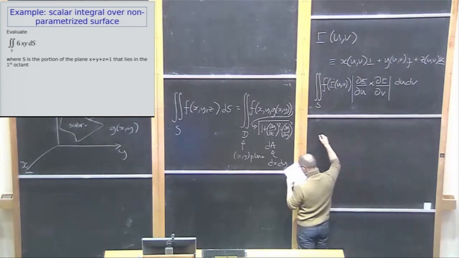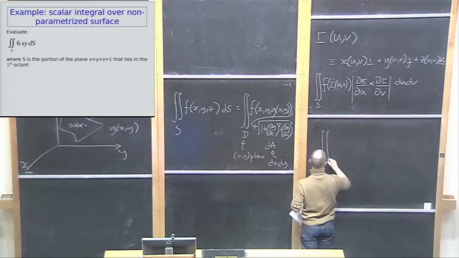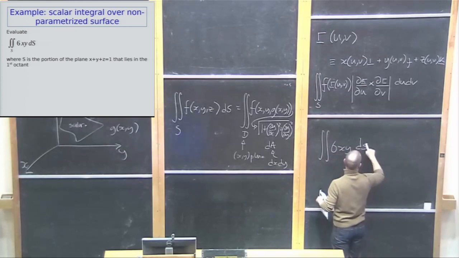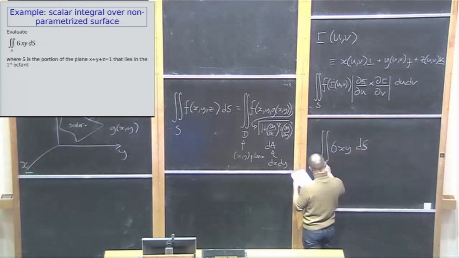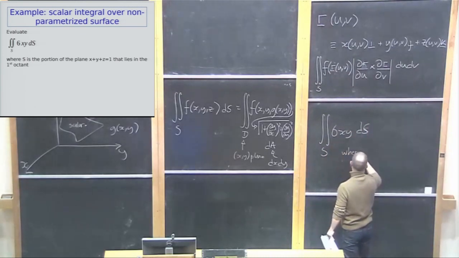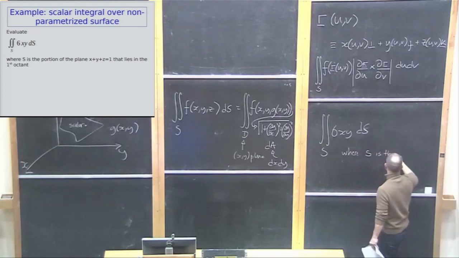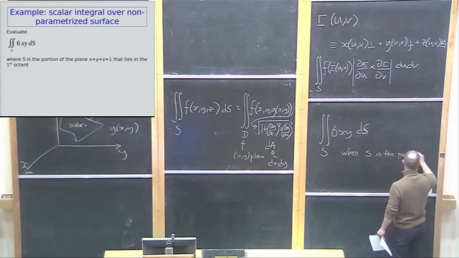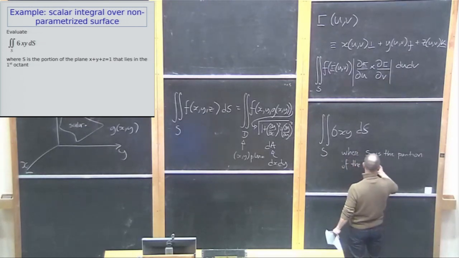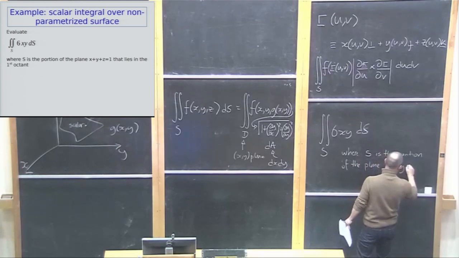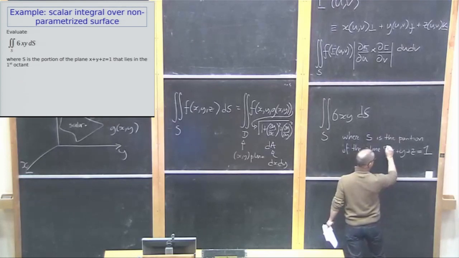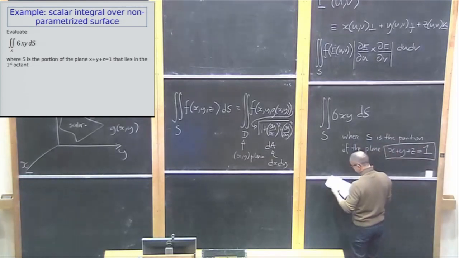So the question says, evaluate this integral of 6xy dS, where S is a big surface, over some surface S, where S is the portion of the plane x plus y plus z equals 1. So that's the plane which is defining our surface.